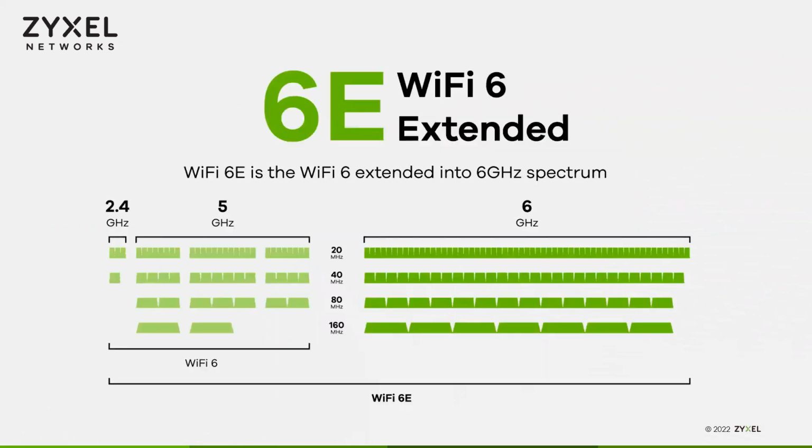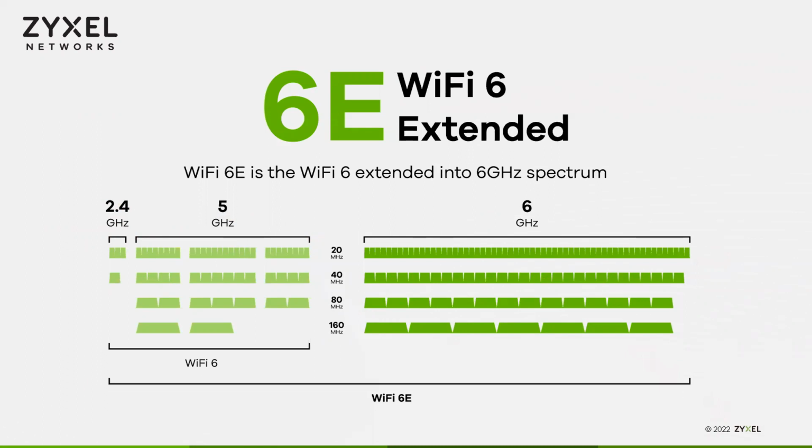To give an example of just how much available bandwidth there is, we've got this chart, and it's showing how much bandwidth is available on each of the different Wi-Fi spectrums. 2.4 is this frequency over here, here's your 5 gigahertz, and then here is your 6 gigahertz. As you can see, this new 6 gigahertz spectrum here in the US is bigger than 2.4 and 5 gigahertz combined.